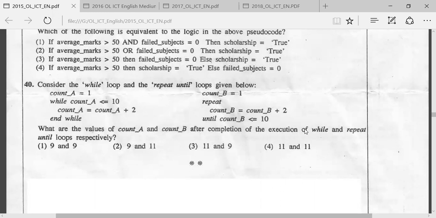That is one iteration. Second one, count B equals 1, repeat, count B equals B plus 2, until count less than or equal to 10. Right? So this is the MCQ question. We don't have too much time to spend on this question, so we can go for a short method, right?